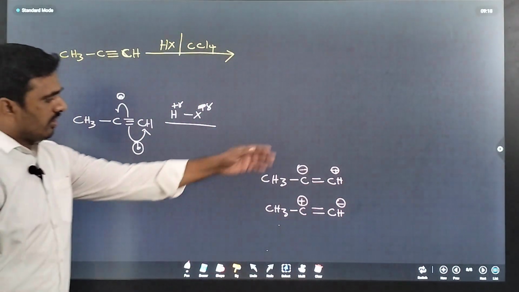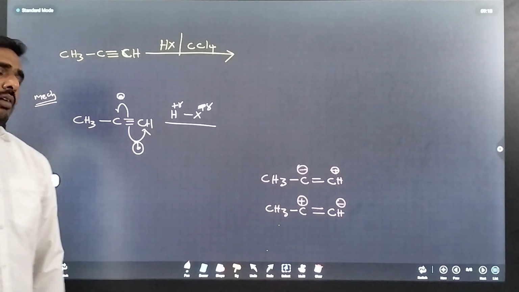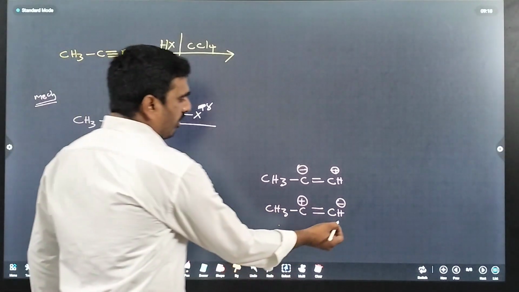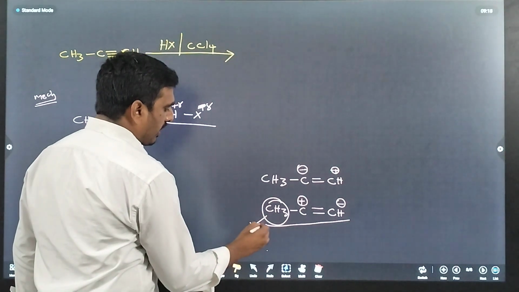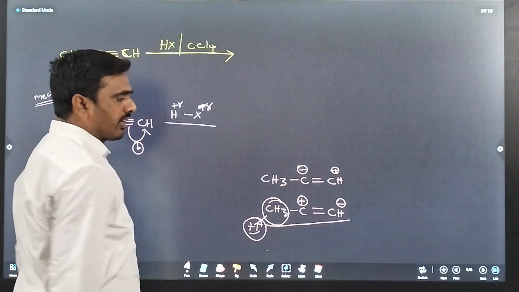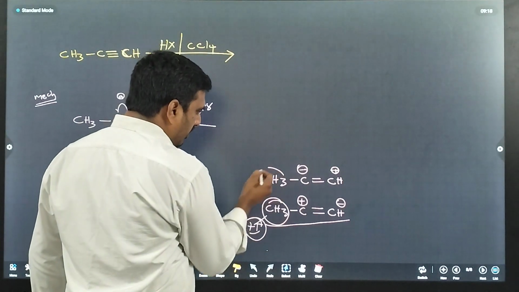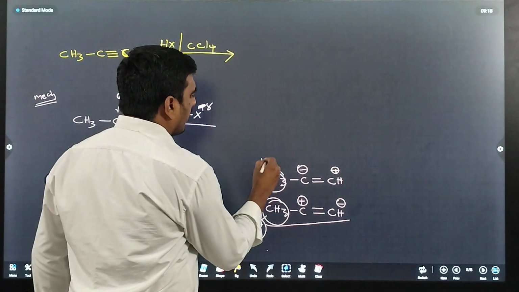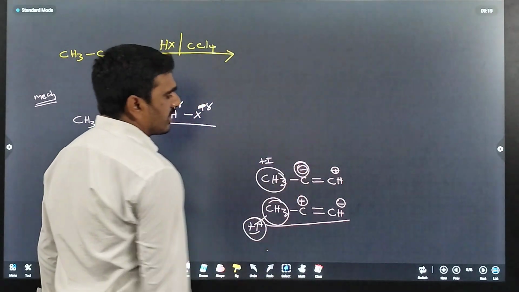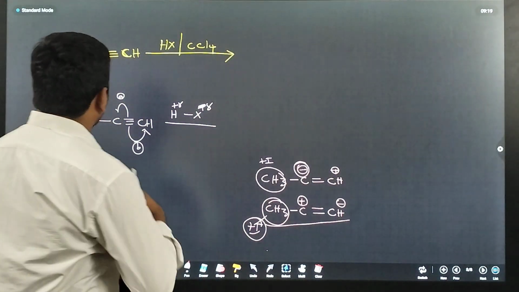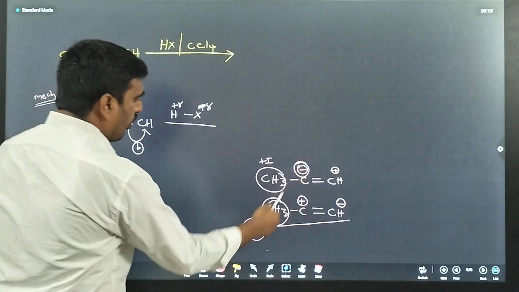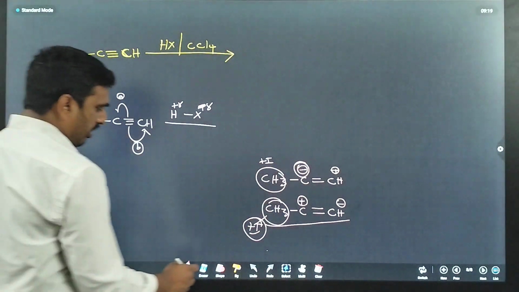Among these two possibilities, which is the most stable? The second one is the most stable, because this is a plus I group, and a plus I group increases the stability of the carbocation. Here this is plus I, so which is more feasible? The second one, B, is more feasible.